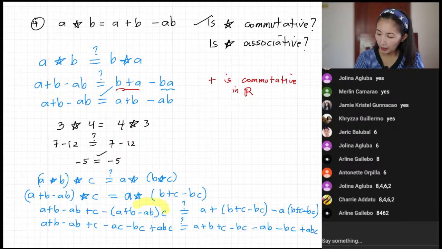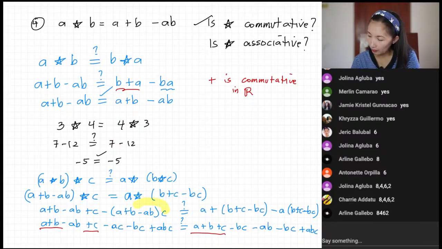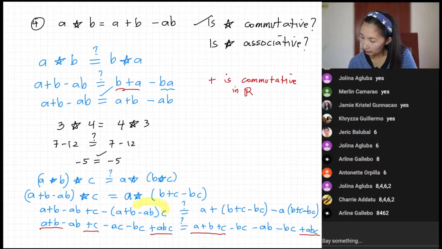Let me underline it. A plus B plus C, the same. And then minus AC. Is there a minus AC? Plus ABC. Okay, there is BC. I failed to include AC here.